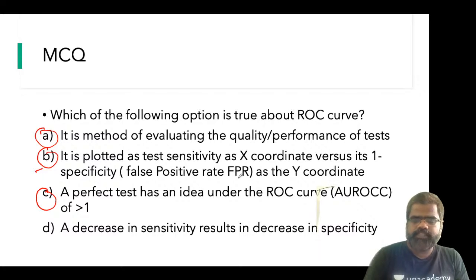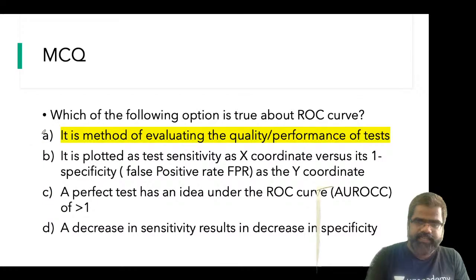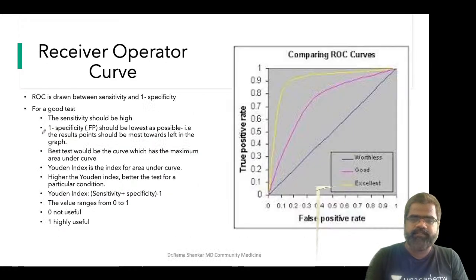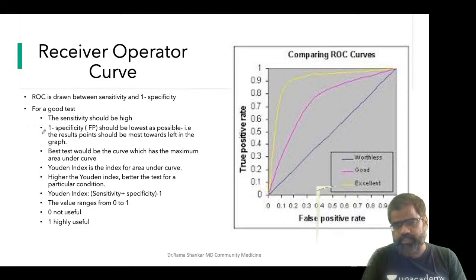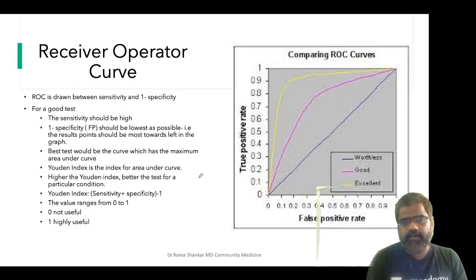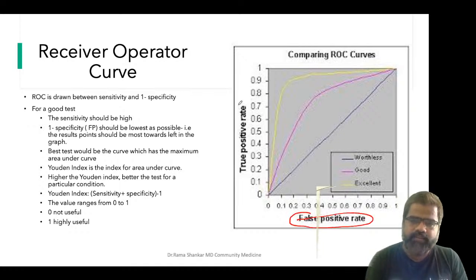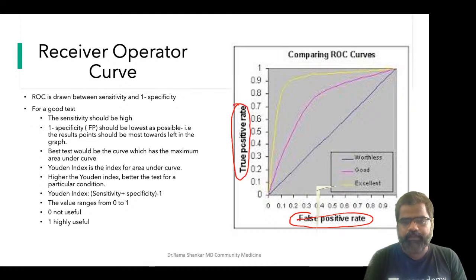Now, see students, the answer is A. Answer is A, but let's try to understand what is receiver operator curve. Very easy. You see this. I have taken x-axis as false positive rate, right? I have taken y-axis as true positive rate, right? So you are comparing true positive and false positive and plotting a curve.